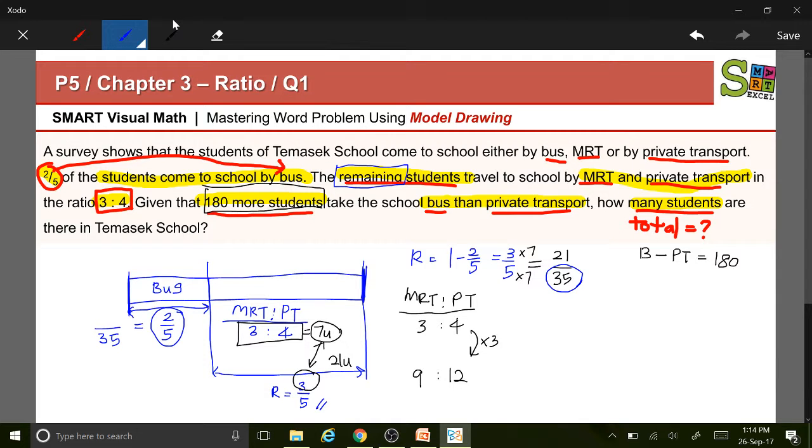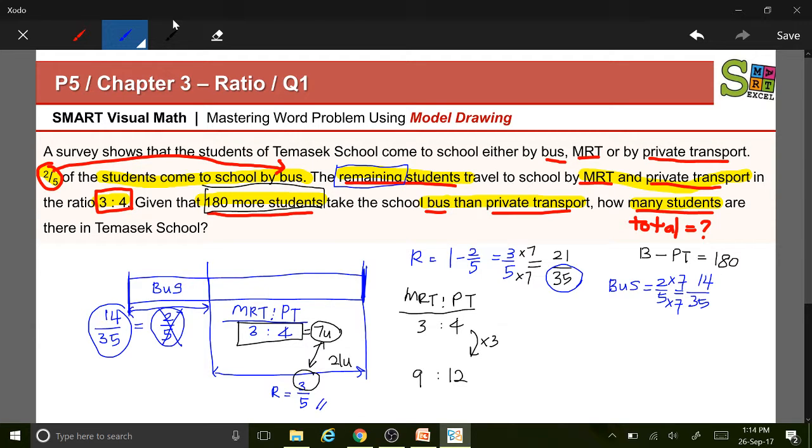So for those who take the bus, which is 2/5, we need to change to 35. So here you times by 7, here you times by 7, you get 14 unit. So this now becomes 14 unit. We don't look at this anymore, we focus on this.